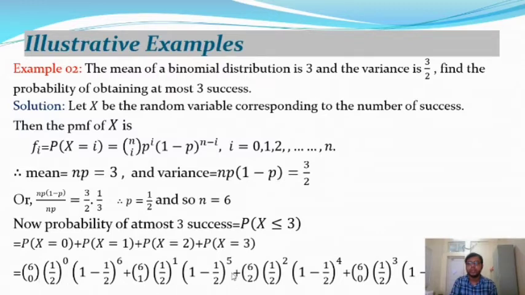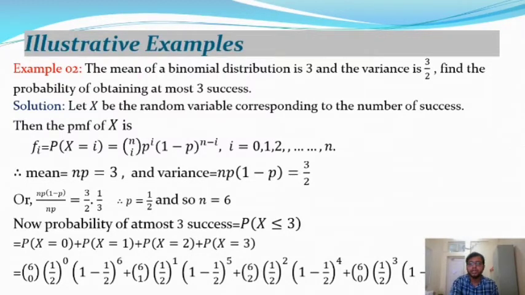After calculating these 4 terms, we will get the probability value of at most 3 successes, and it will be 21 by 32.